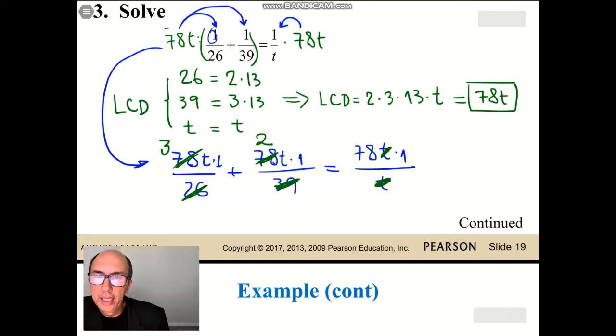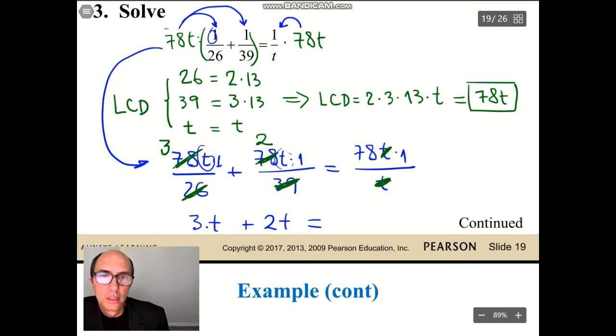What remains is 3 times t plus 2 times t equals 78. Combine like terms, 5t equals 78, t equals 78 over 5.